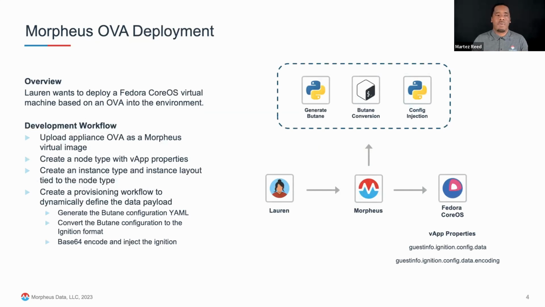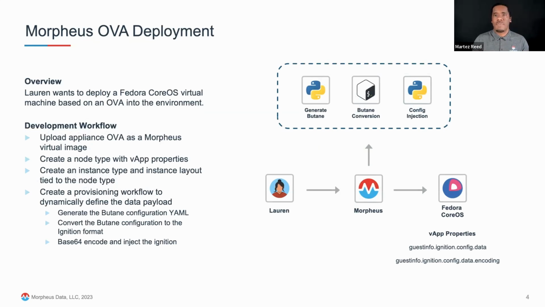So in our example, we have Lauren. Lauren wants to deploy a Fedora CoreOS virtual machine based on an OVA in the environment. For those unfamiliar with Fedora CoreOS, it is a minimal operating system primarily focused on container hosting, so running containers on the particular platform.